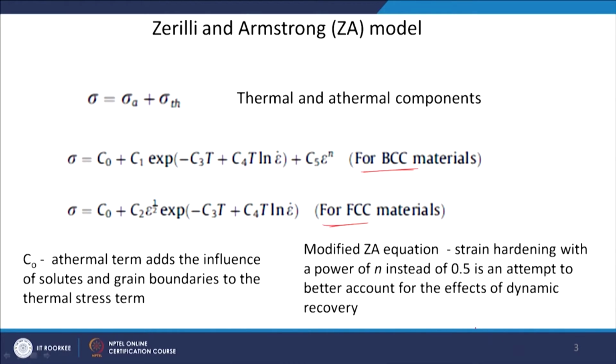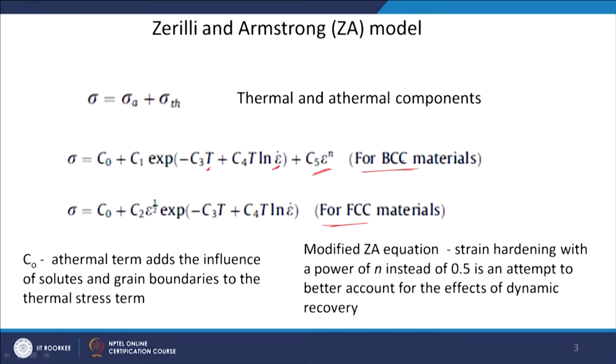Again, you can see it brings in the effect of strain hardening with a strain hardening exponent, also the effect of strain rate and the effect of temperature, and that is how they are able to predict the flow stress for a BCC material.